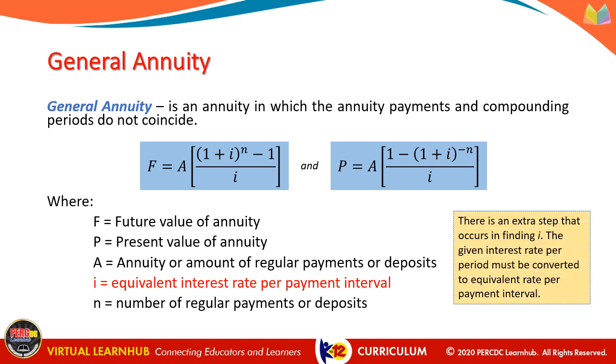So note that there is an extra step that occurs in finding i. The given interest rate per period must be converted to the equivalent rate per payment interval first. That is how we solve general annuity problems. Let us show that through examples.